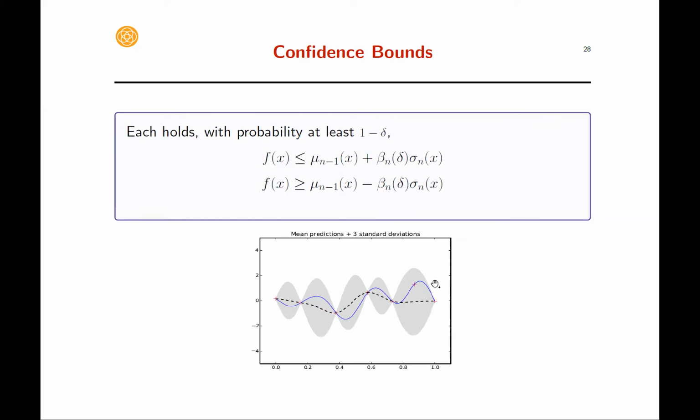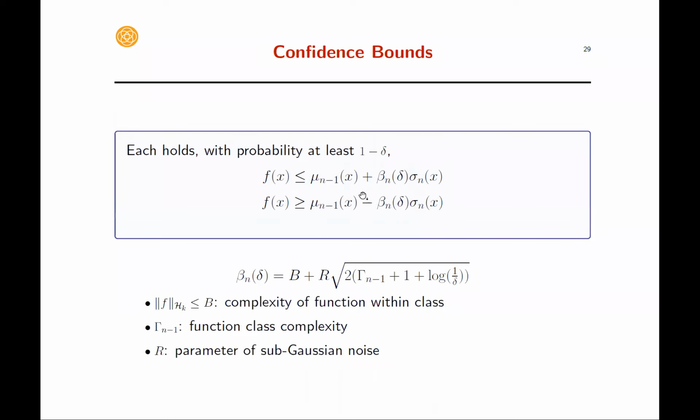If you recall the figures from earlier in this presentation, we have these blue functions which we want to estimate. The dashed black line is the prediction, and plus or minus a coefficient times the standard deviation gives us a confidence region, within which, with high probability, we know that f lies. But let's see what this multiplier beta is and what it depends on.